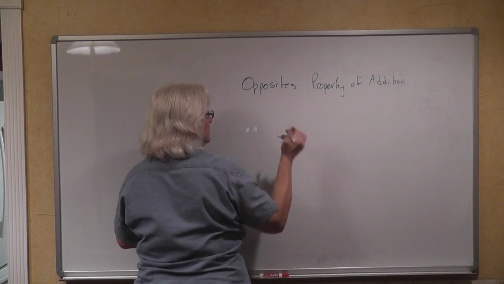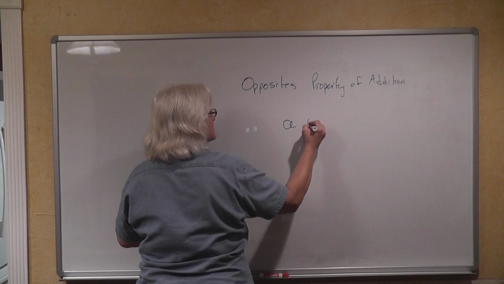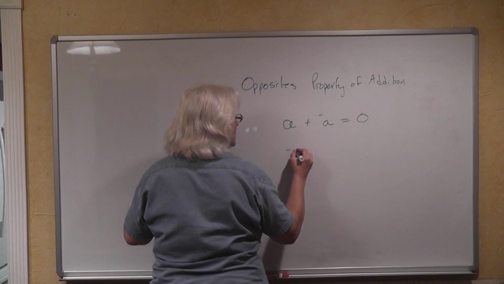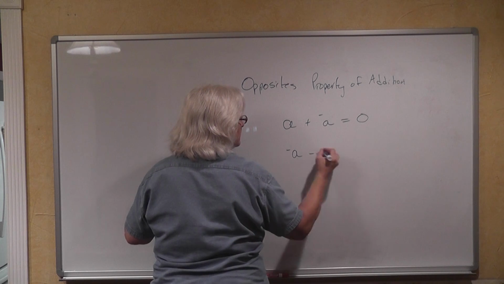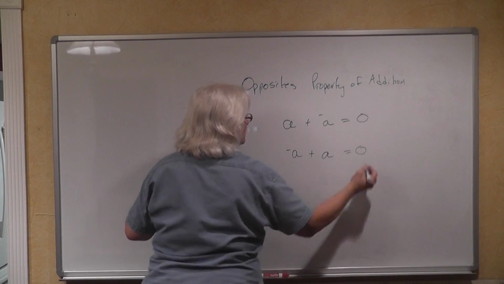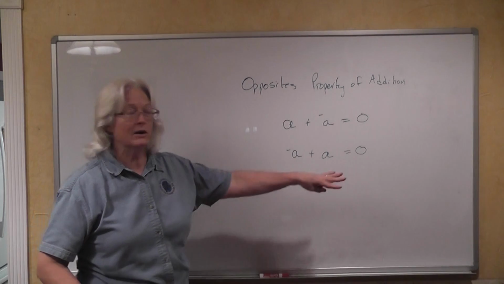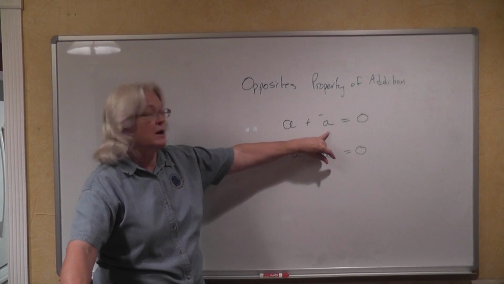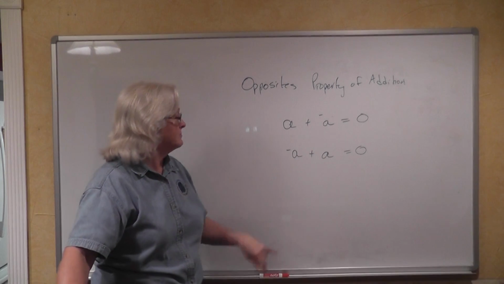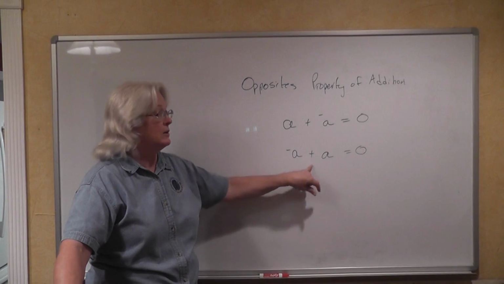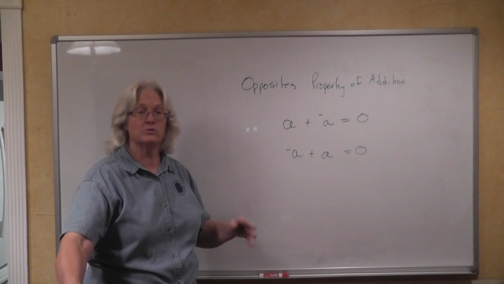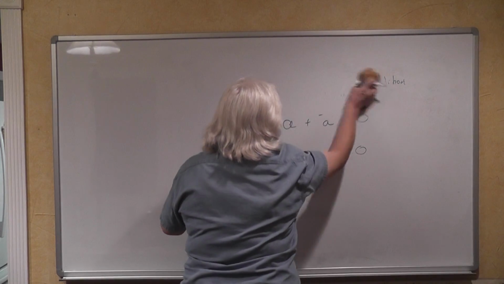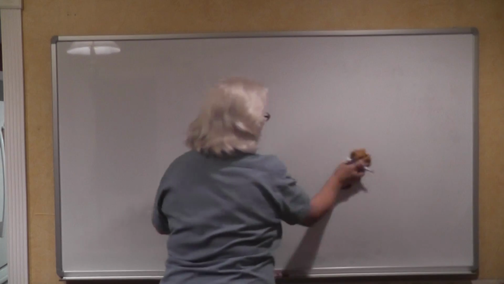A number and its opposite is always going to be equal to 0. In algebraic notation, this says A plus the opposite of A is 0. The opposite of A plus A is 0. There's no sign involved because 0 is neither positive nor negative.